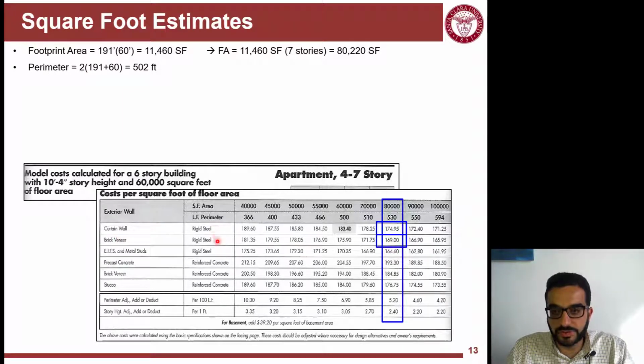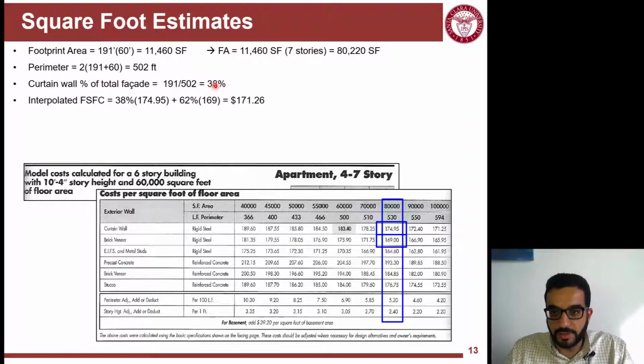Next is which system. I'm dealing with rigid steel framing, but I have 2 different types of facade. Most of it is brick veneer, but some of it is curtain wall. So I need to figure out, should I use this number or this number? You will do interpolation by considering how much of my facade is actually curtain walls, and it's 38%, considering the ratio between that side of the building covered by curtain walls versus the whole perimeter.